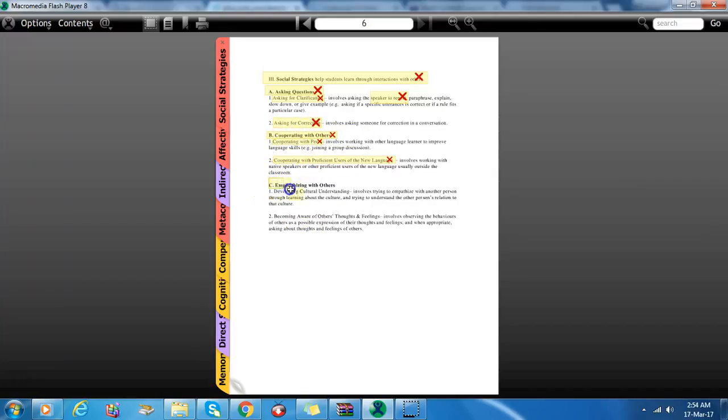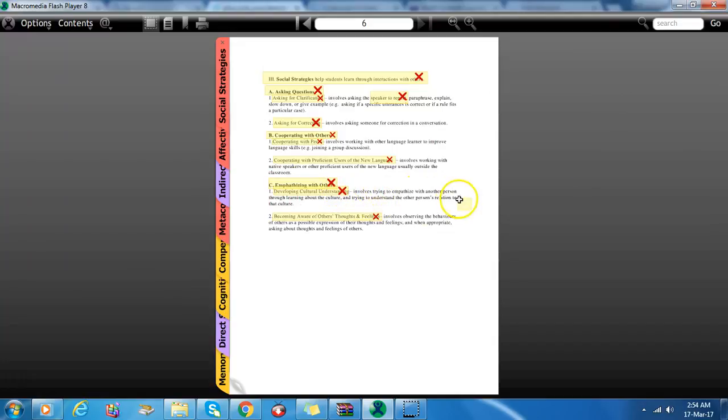And the last one is empathizing with others. How do you do that? By developing cultural understanding and becoming aware of others' thoughts and feelings. Now developing cultural understanding, I'm not really clear about it.